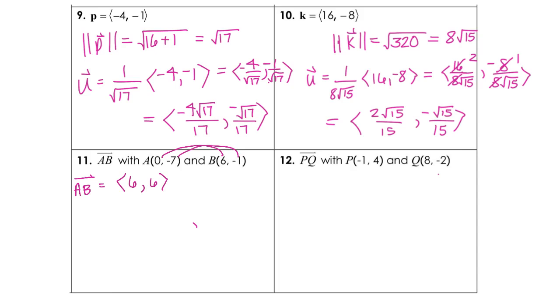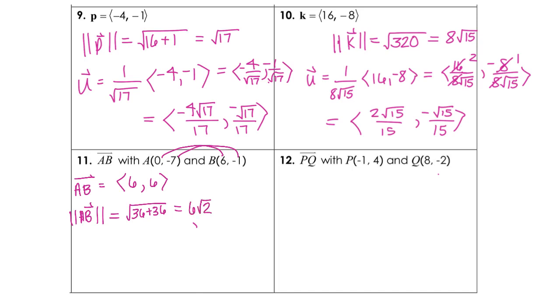Since we have now our component form, then we can very quickly see that the magnitude of vector AB is going to be the square root of 36 plus 36, and so that's going to be 6 root 2.